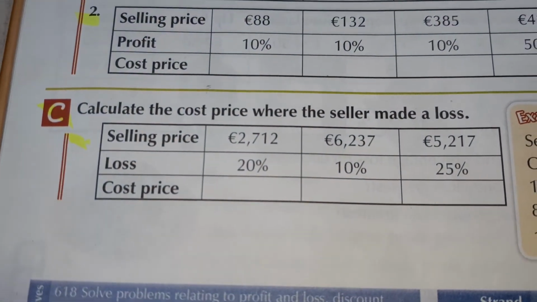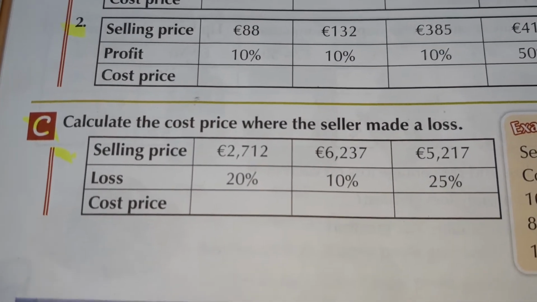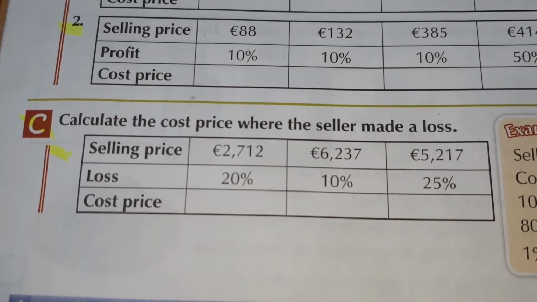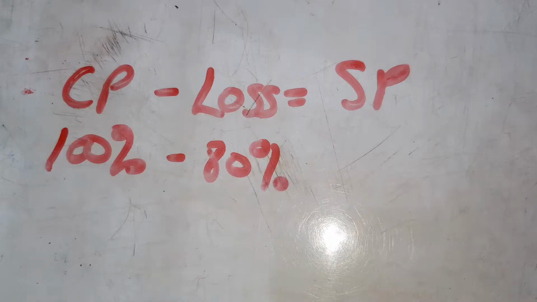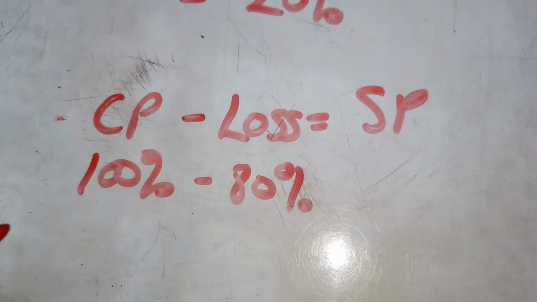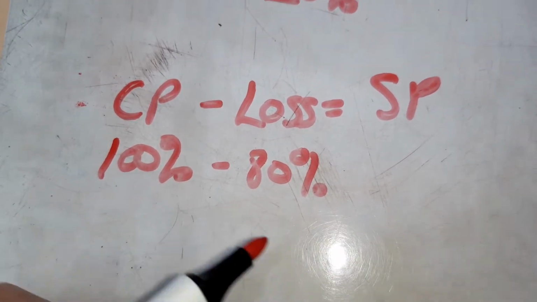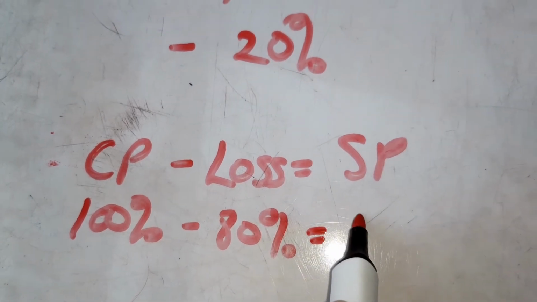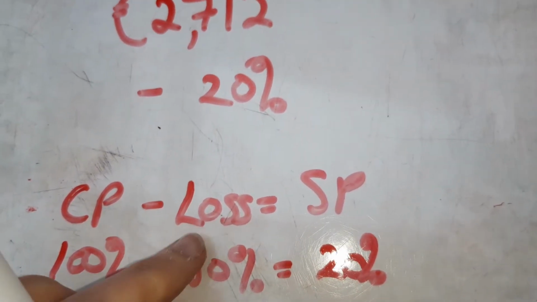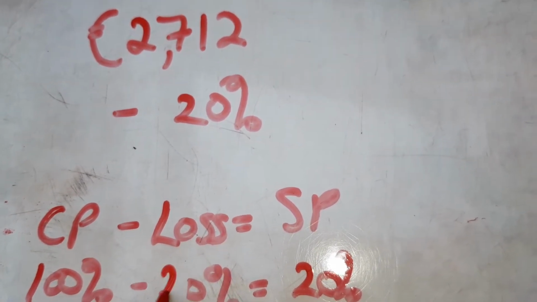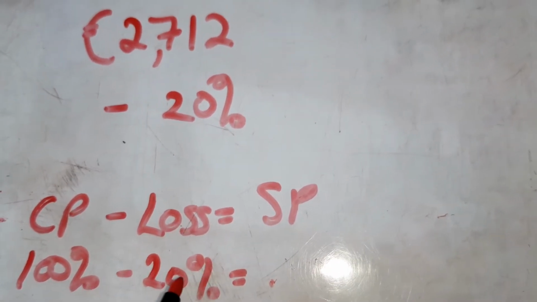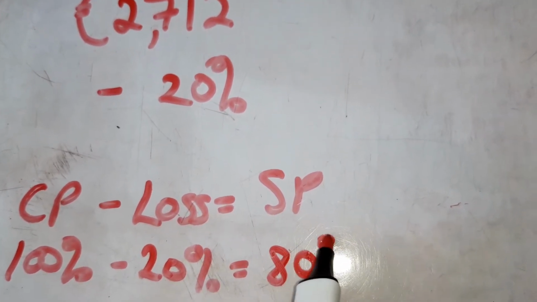So let's do one of those. Say the selling price is 2,712 and they made a loss of 20%. This time again, you have the cost price, take away the loss, equals the selling price. Cost price at 100%, take away the 80% equals 20%. No, sorry, that's the wrong way around. The loss was 20%, not 80. So the cost price 100%, take away 20% is 80%.